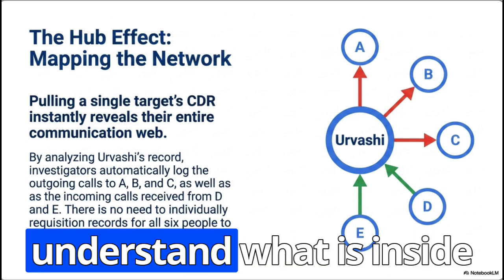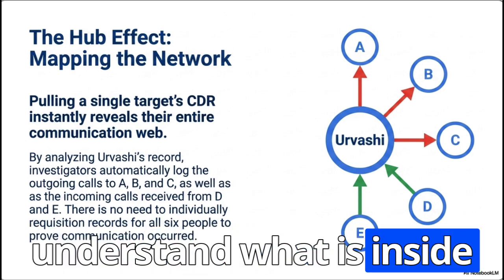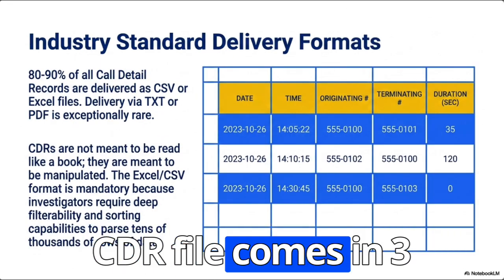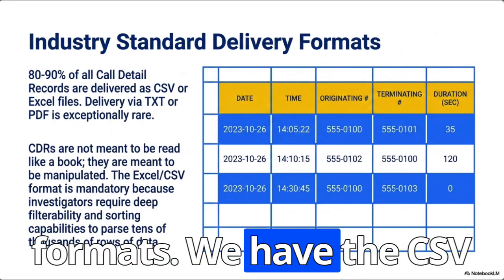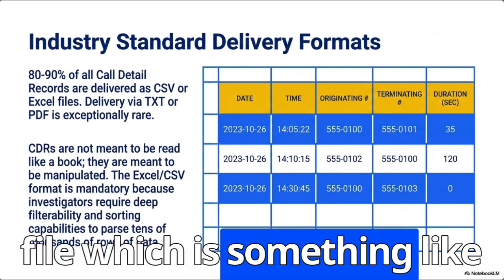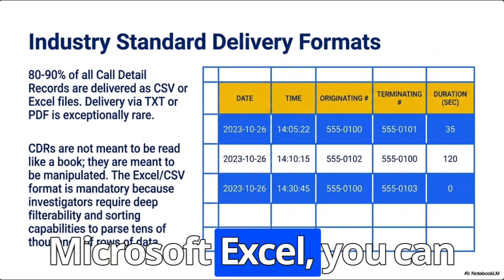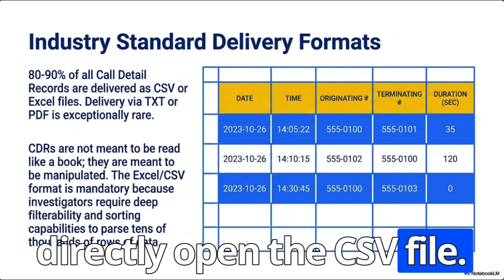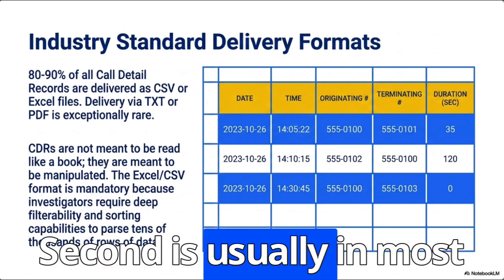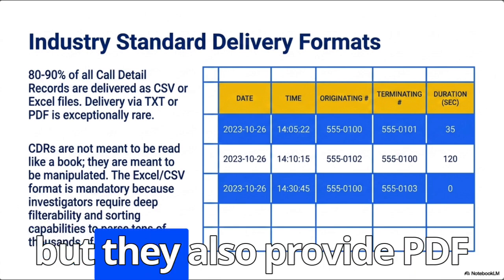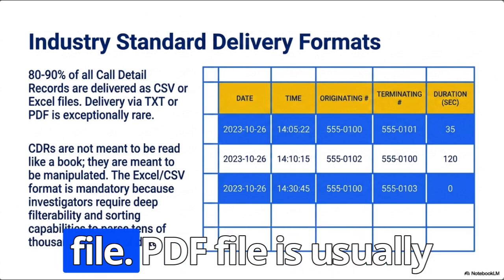Now let's try to understand what is inside the CDR file. Usually the CDR file comes in three formats. We have the CSV file, which is something like Excel. So if you have used Microsoft Excel, you can directly open the CSV file. Usually in most cases they provide a CSV file, but they also provide a PDF file.